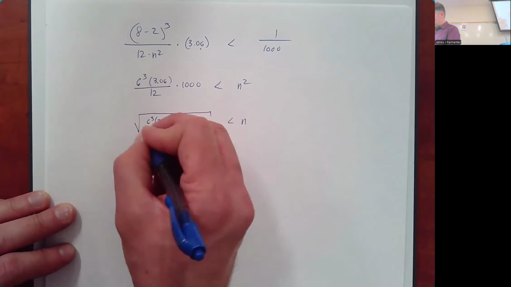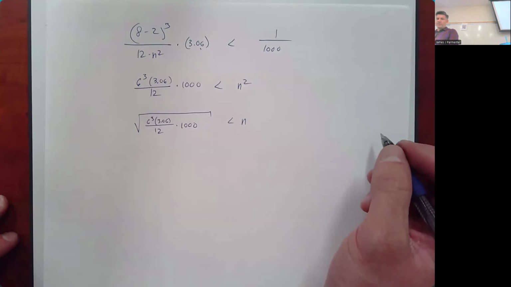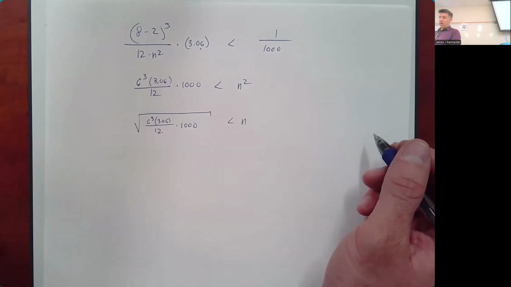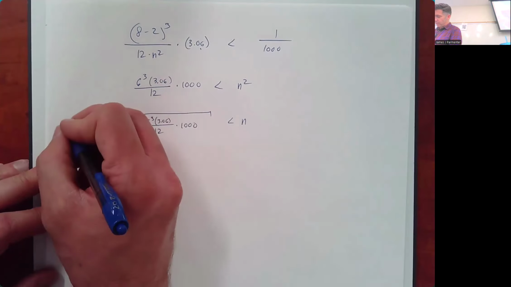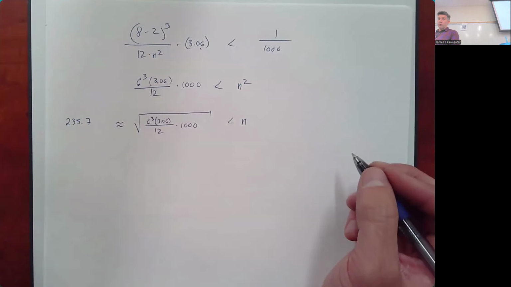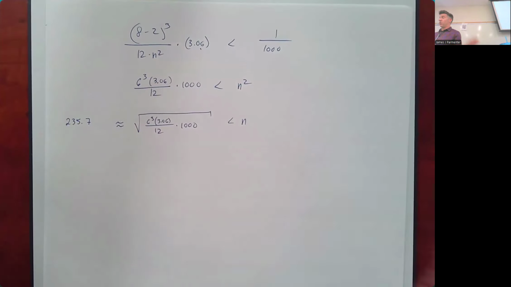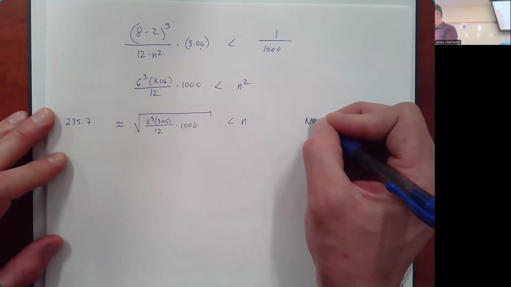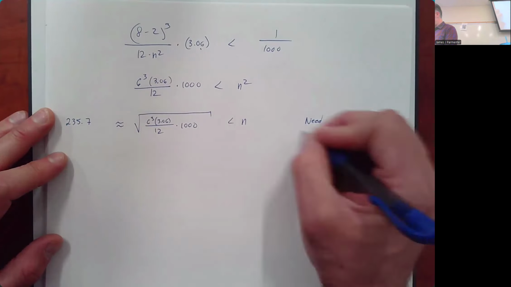You will need to use a calculator at some point for most of these problems, or be given some very, very nice numbers. This ends up being approximately 235.7. So since it's the trapezoid rule, we're going to round up to the next integer. It doesn't matter if it's even or odd. It happens to be even here. So we need n to be bigger than or equal to 236.